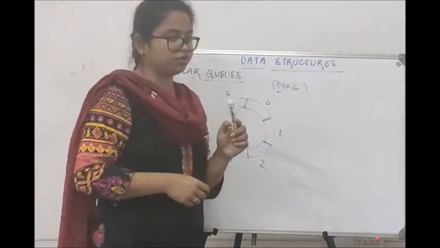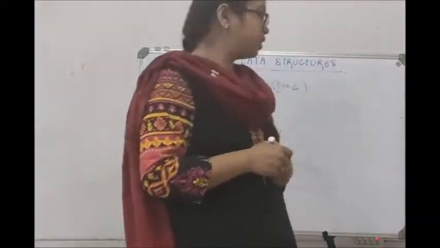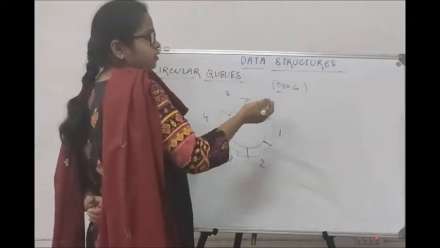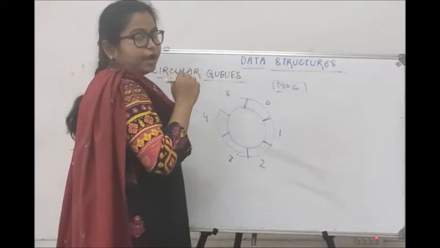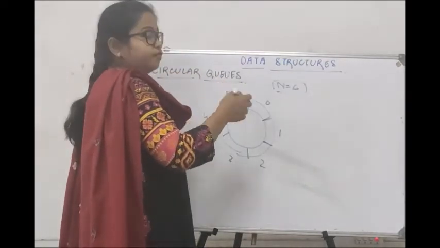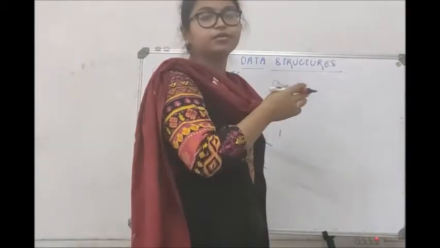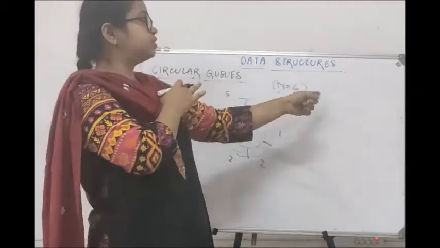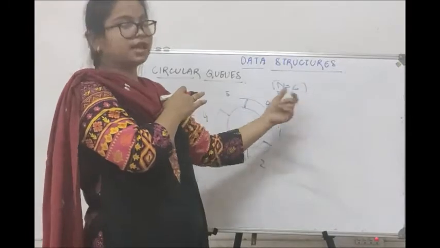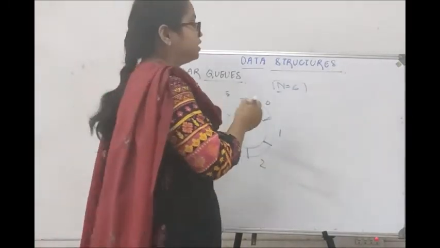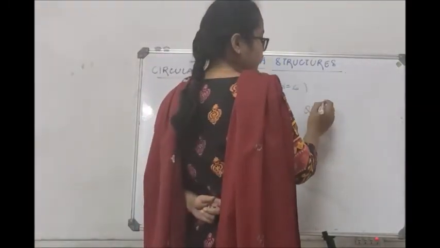This is our circular queue. What happens with circular queue is, we will take up the same scenario and check whether we can add an element. Before that, with this circular queue, let's check the overflow and underflow condition.